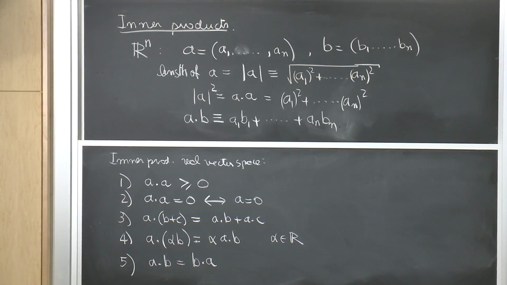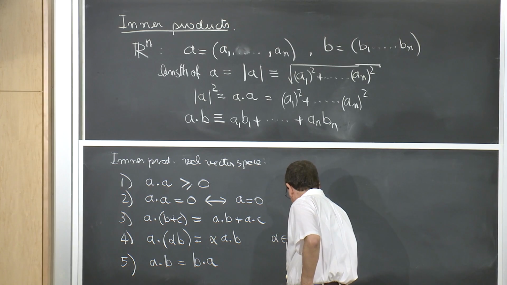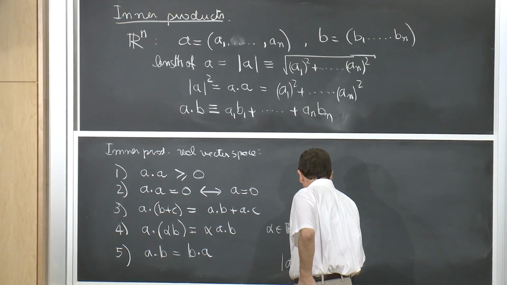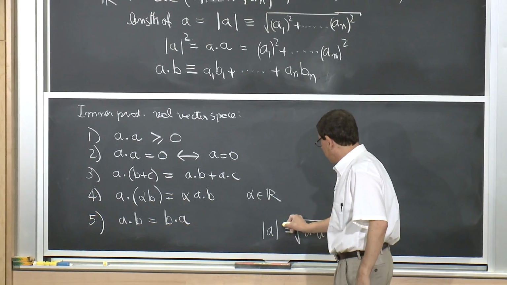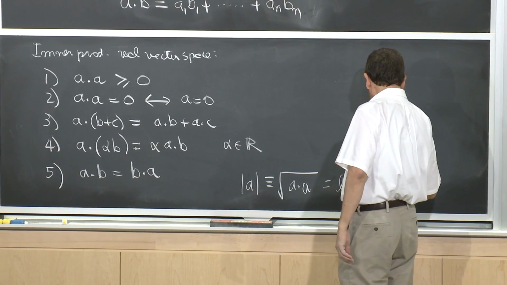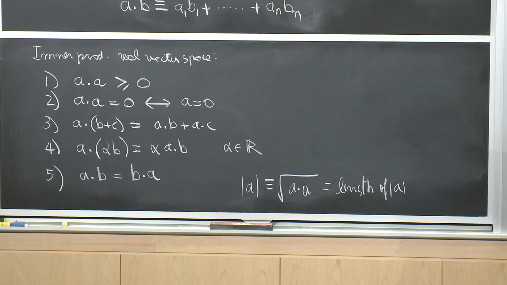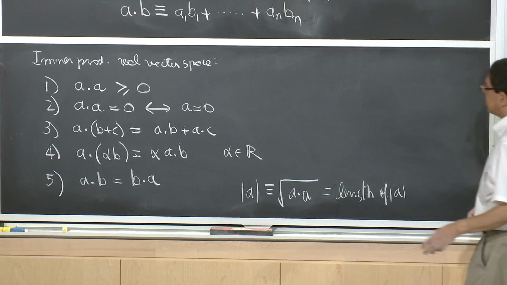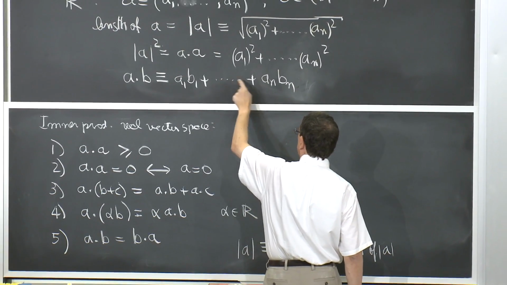And all right, these are all our axioms. Then we can say the length of a vector is defined to be the square root of A dot A. It's a definition at this moment, and this is called the length of A. Now a good question would be how much does this set of conditions force us to define the dot product this way?